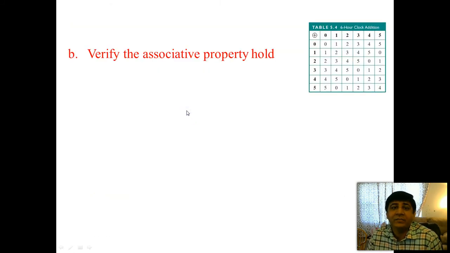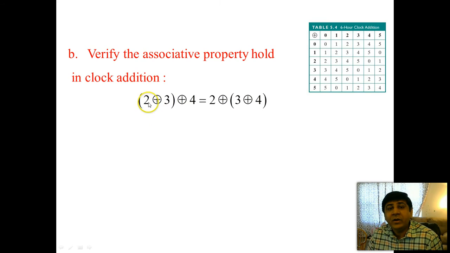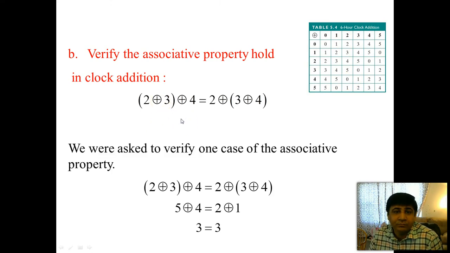Similarly, let's verify the associative property, whether it holds under clock addition or not. Suppose we want to check that 2 plus 3 plus 4 equals 2 plus 3 plus 4, grouped differently. Remember that it's clock addition this time. Each side should give us the same answer. 2 plus 3 is 5, not a problem, 5 is on the clock. Then 5 plus 4 is 9.